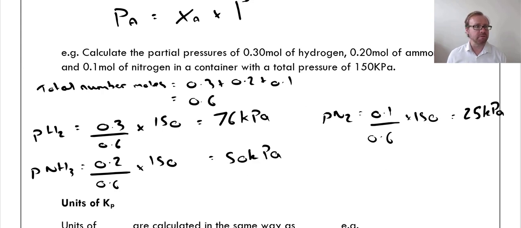That's because I've written down the wrong number here. This should be 75. So 75 plus 50 plus 25 equals 150. So I know I've got the right partial pressures for this calculation.